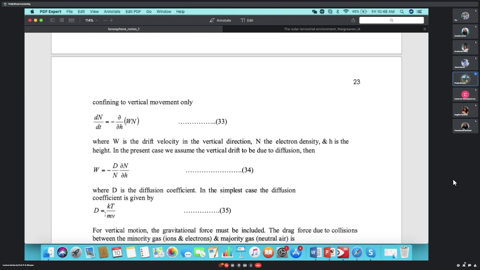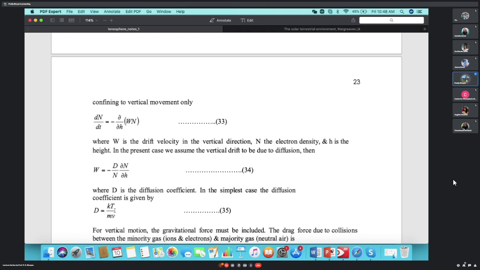The other terms are kT, and m is the mass. In this particular case, if you look at this expression, it is similar to another expression which we have come across, H, the scale height, kT by mg. Z is replaced in this case by v, velocity.